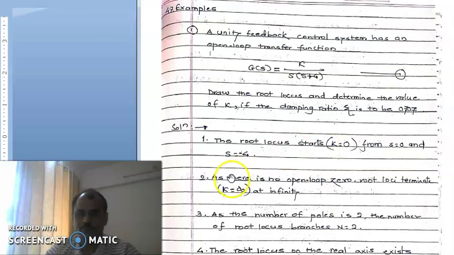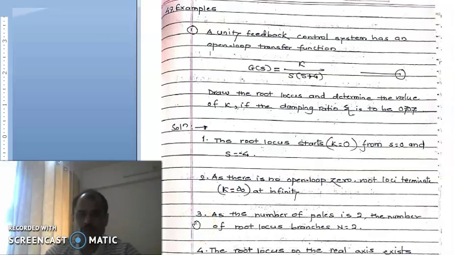Step 2, as there are no open loop zeros, therefore we have two loci. So the root loci terminate at infinity because there are no open loop zeros, at system parameter k equals infinity.